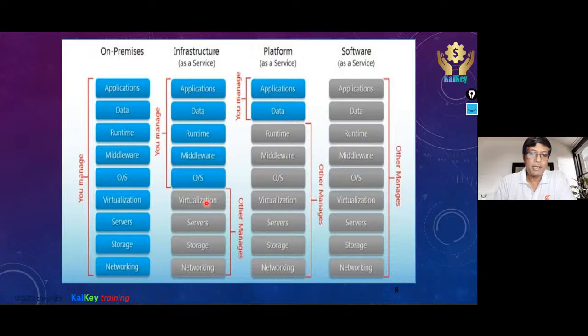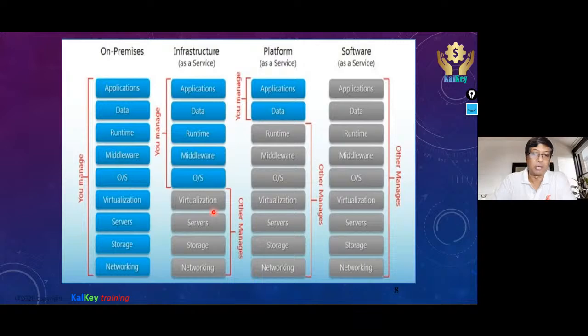It can be Dell, HP, IBM, or anyone. To manage them, they take a lot of money out of their pockets. A company has to spend a lot for the AMC, annual maintenance contract, and for hiring resident engineers to maintain the server, storage, and networking.